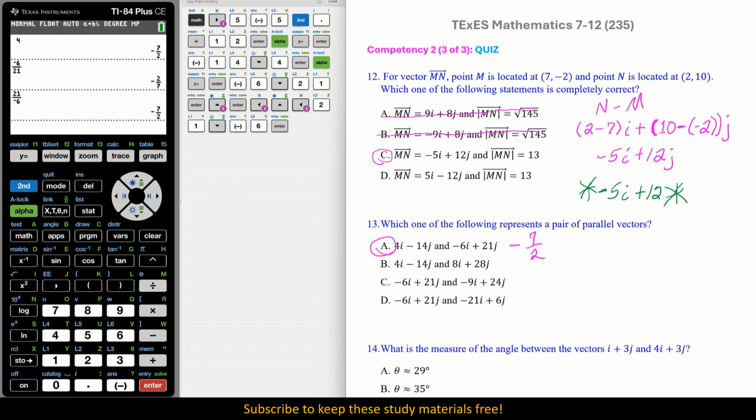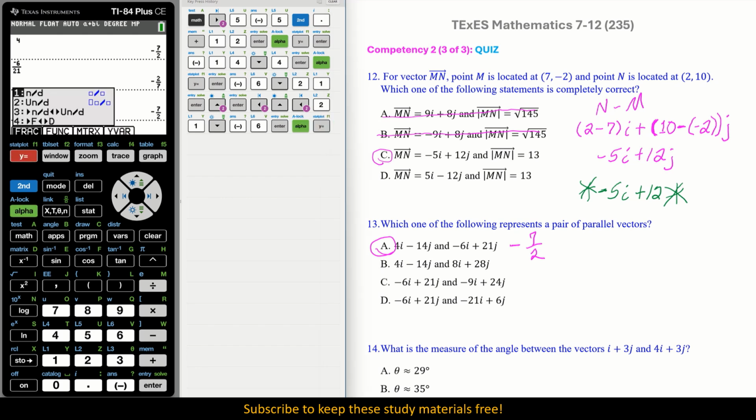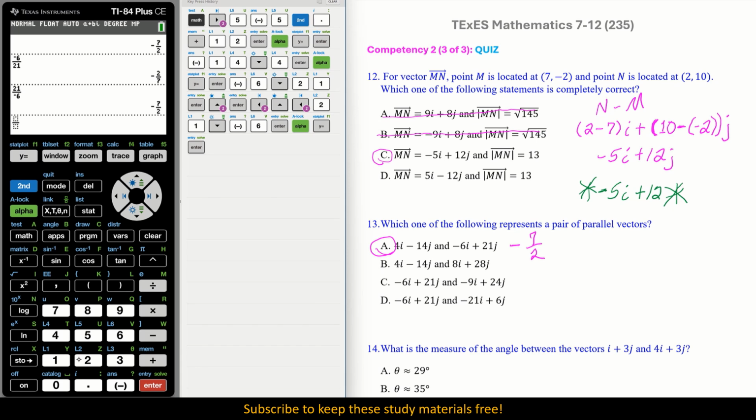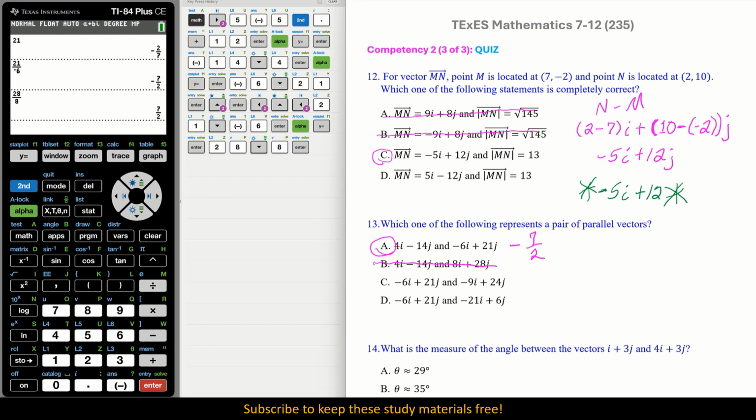The slope is positive then. There's no way this slope can be negative, but we'll do it anyway. Y equals number 1, and that's 28, arrow down 8, and it's not. It's a positive 7/2. So B cannot be a valid option.